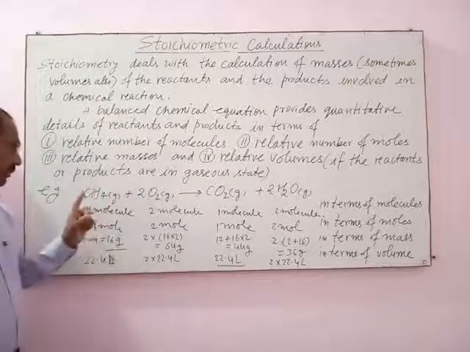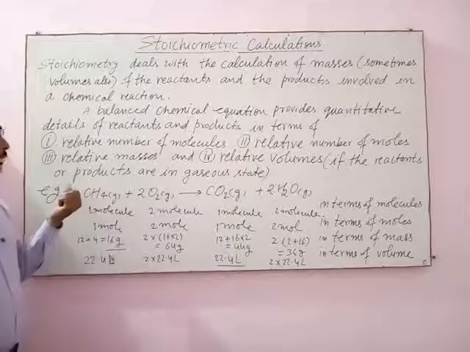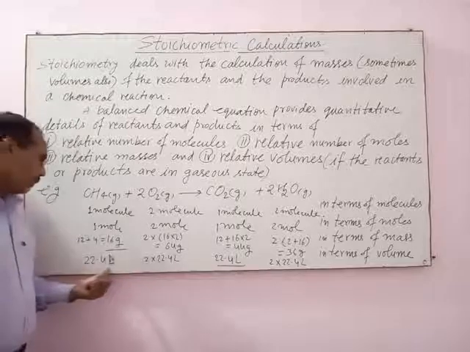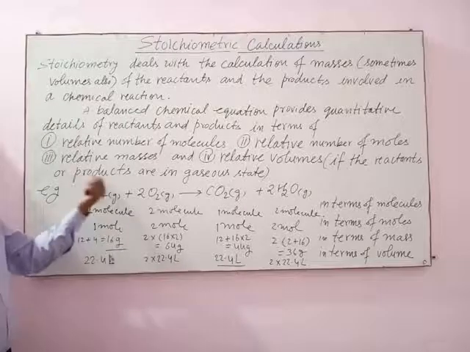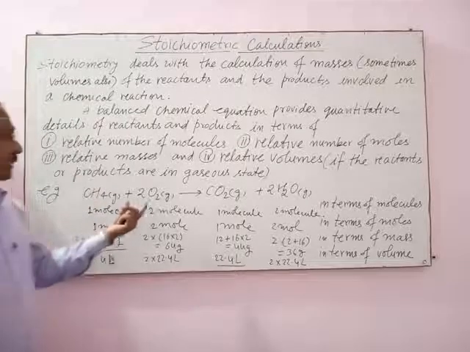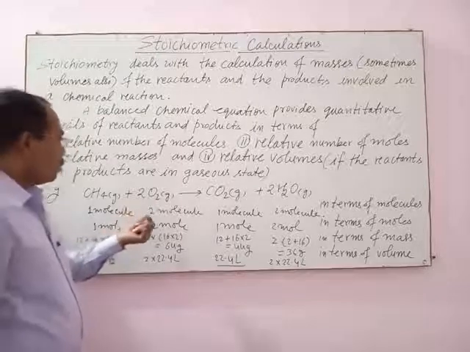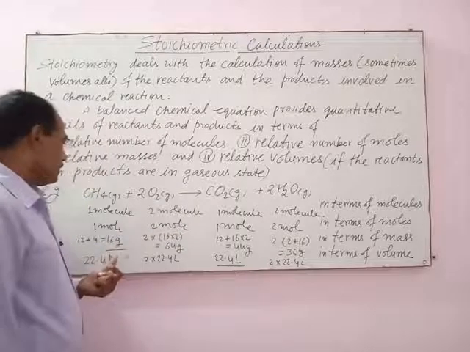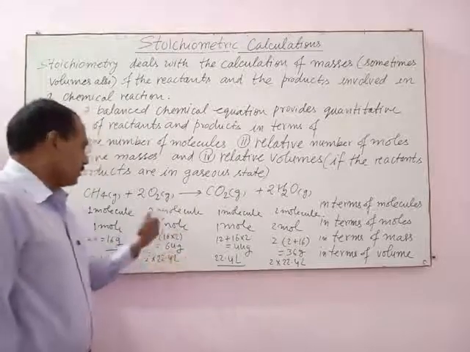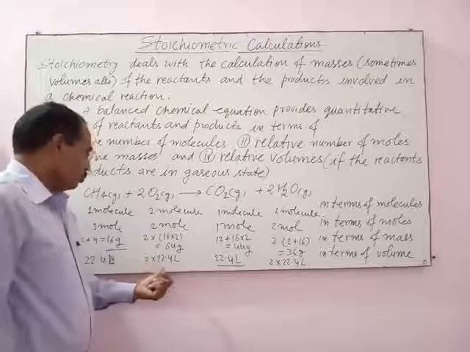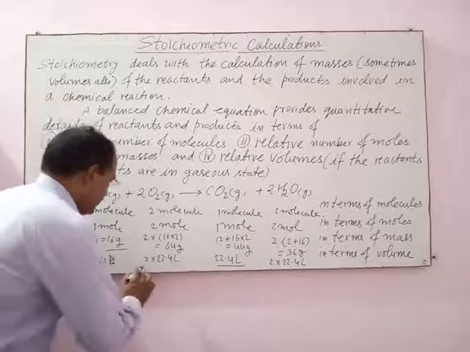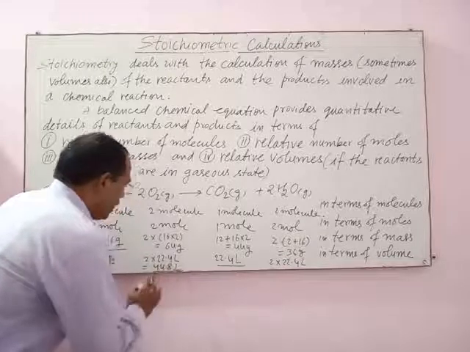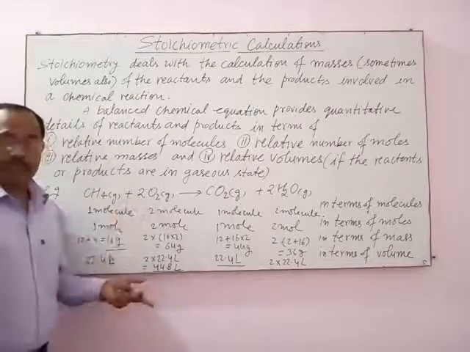According to this equation, only one molecule or 1 mole or 16 gram or 22.4 liter of methane gas is involved, and 2 molecules of oxygen, 2 moles of oxygen or 64 grams of oxygen or 2 into 22.4, that is 44.8 liter of oxygen are involved in this reaction.